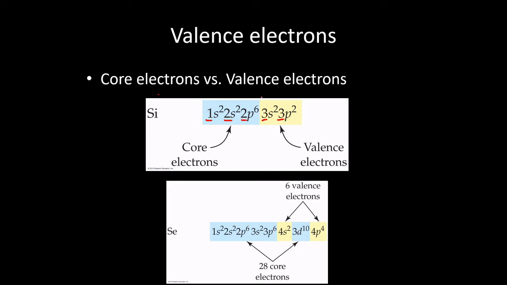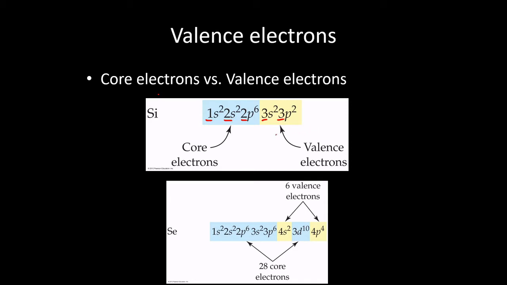So the 1, 2, 3, or 4 up here are the principal quantum number shells. The electrons in the highest occupied principal shell, we call those valence electrons.